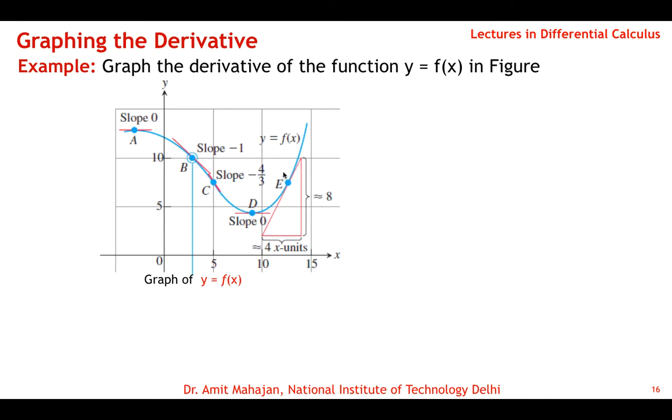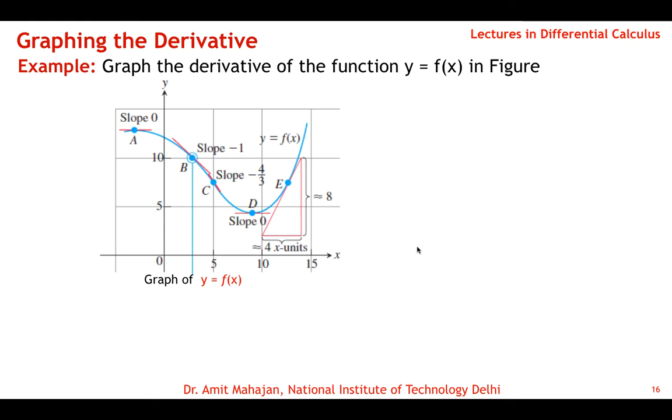And then we can plot the x-axis versus f dash or y dash with those slope values. Like at this point here the slope is 0, so correspondingly on the x-axis we will get a point.